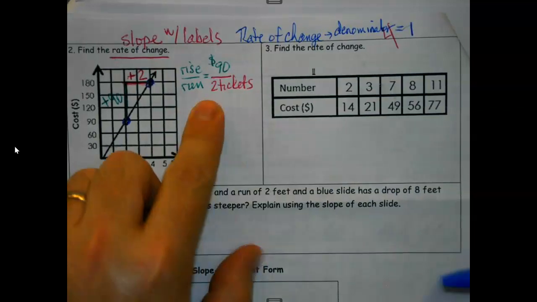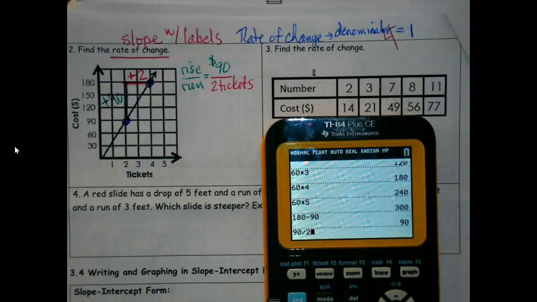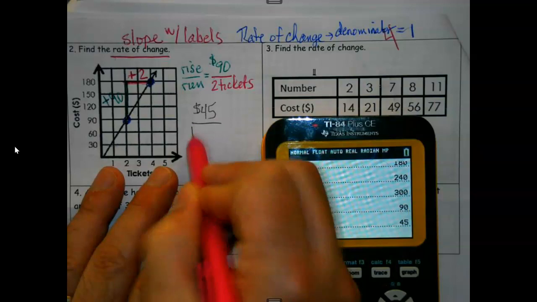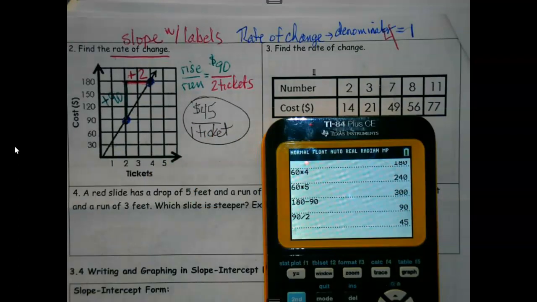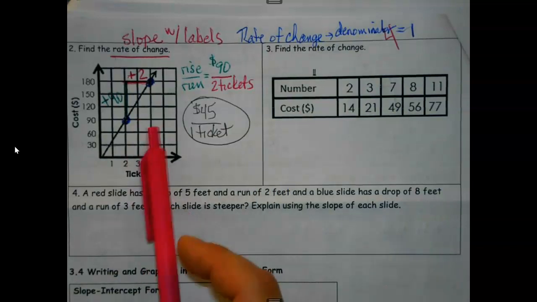If it doesn't, we're going to go to the calculator. We're going to type in what we got there. And when I get this 45, what that means is that it's $45 per one ticket. That's my rate of change that I'm working with as I've got things.